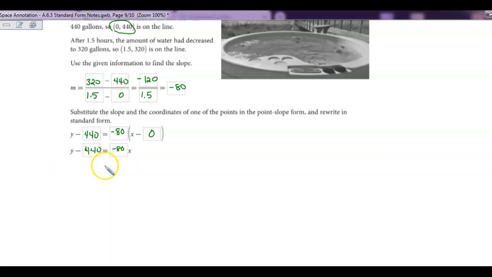So I'm going to add my 440 to the other side. And then I'm going to add my 80x to the other side. And I have the standard equation of 80x plus y equals 440.